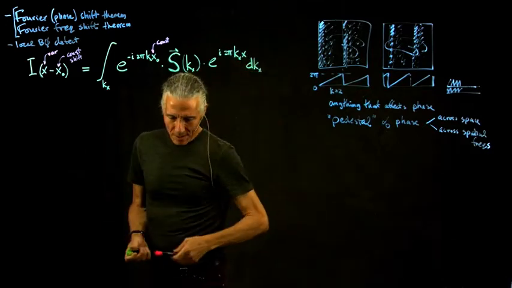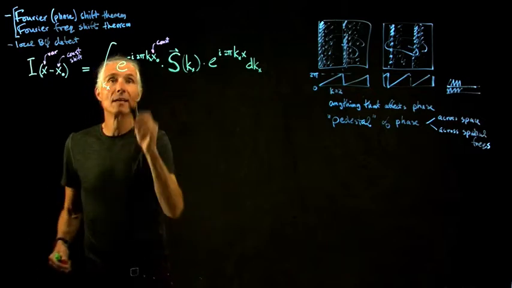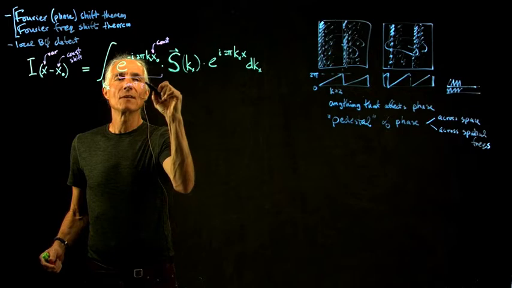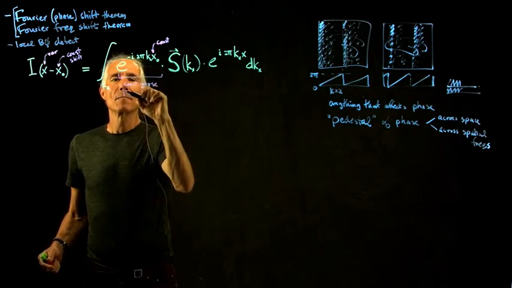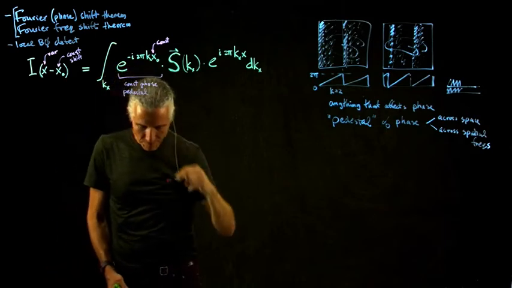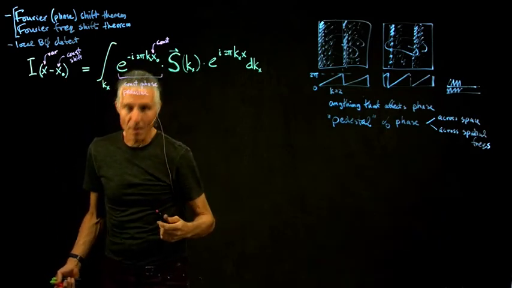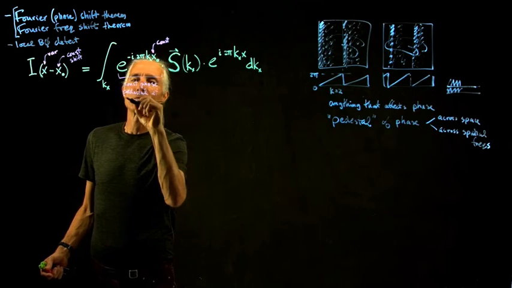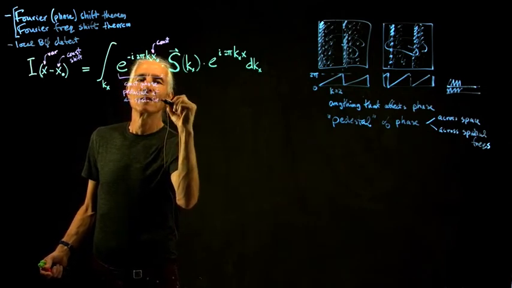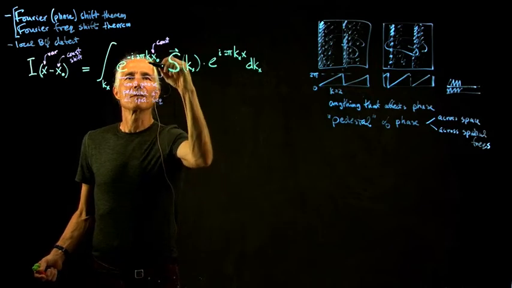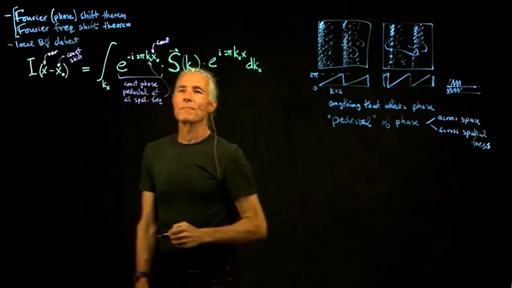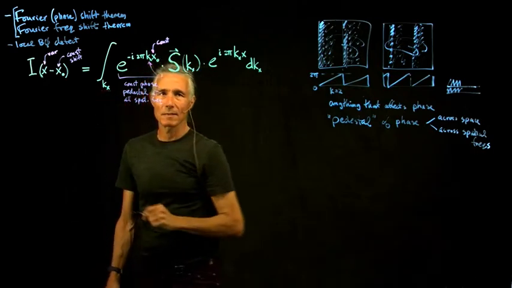So what are these things here? This is a constant phase pedestal that came from somewhere. We don't know where it came from, at all spatial frequencies, because we're summing across kx.